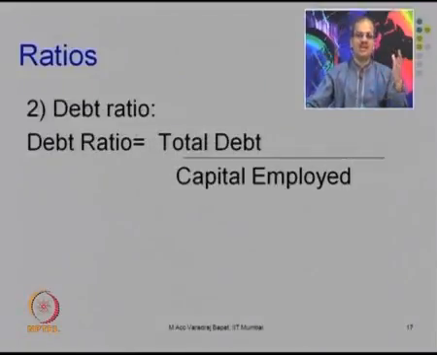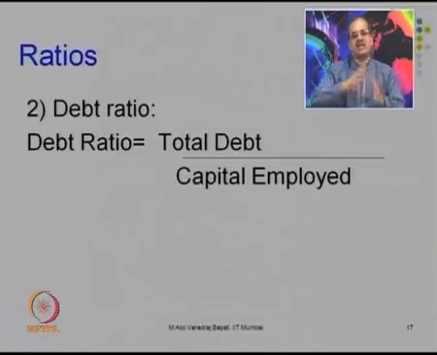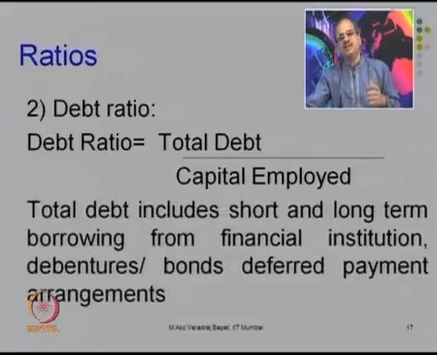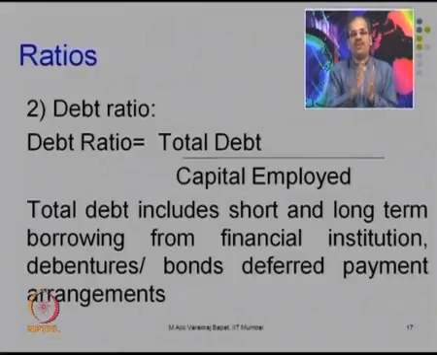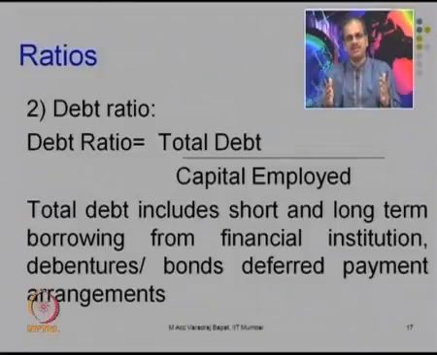Opposite to this, there is another ratio known as debt ratio. This tries to calculate what percentage of funds are financed by debt. So here again what will happen is, if this ratio is high, it will increase the financial risk of the company. However, a high debt ratio provides the benefit of leverage, in a sense that company will be able to expand fast because it is getting the debt funds.